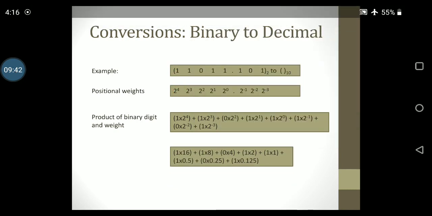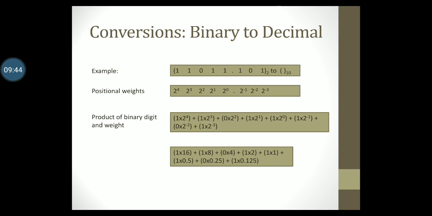This evaluates to 1 into 16 plus 1 into 8 plus 0 into 4 plus 1 into 2 plus 1 into 1 plus 1 into 0.5 plus 0 into 0.25 plus 1 into 0.125. For this reason, knowing the powers of 2 is very important.